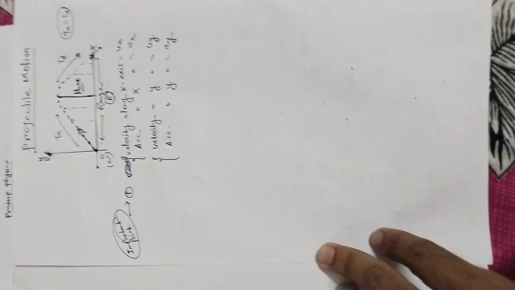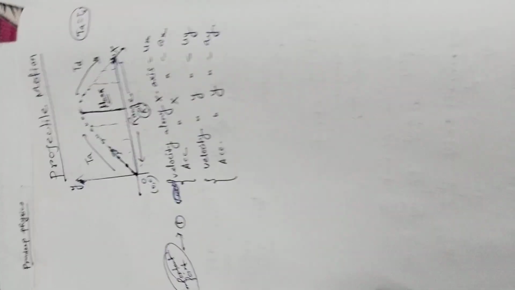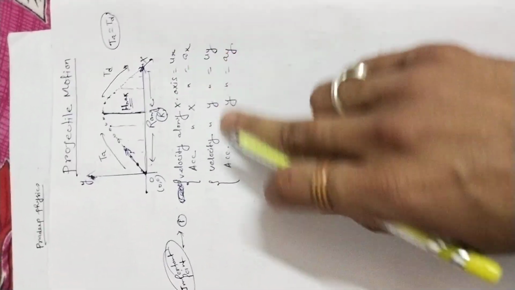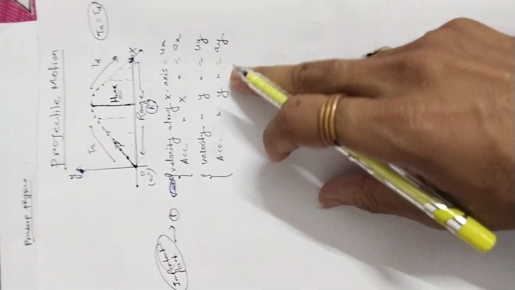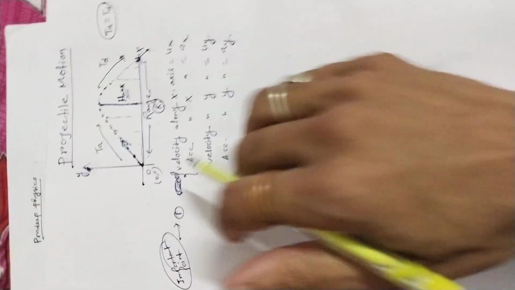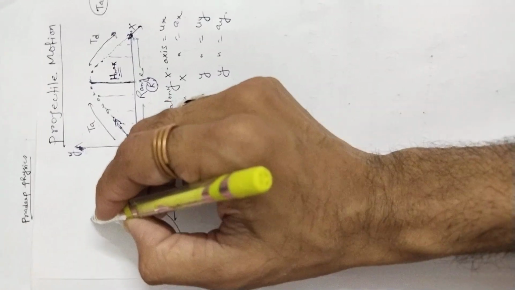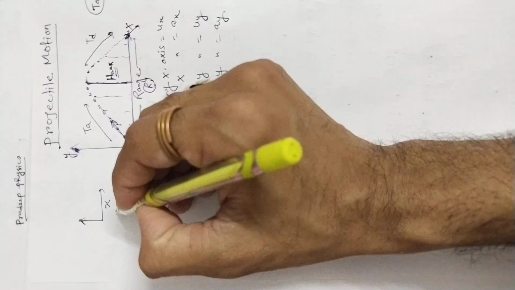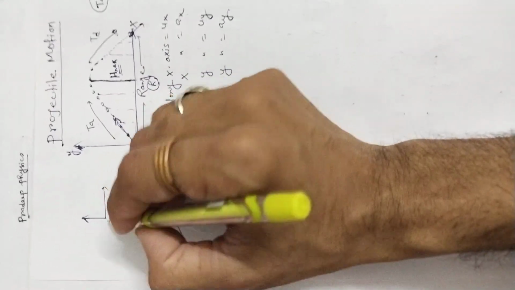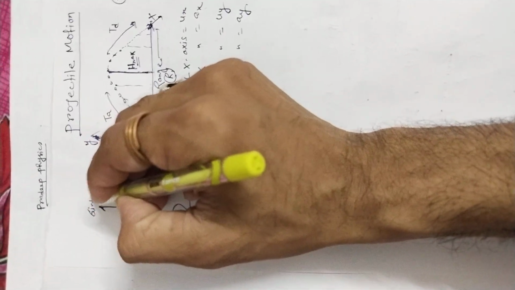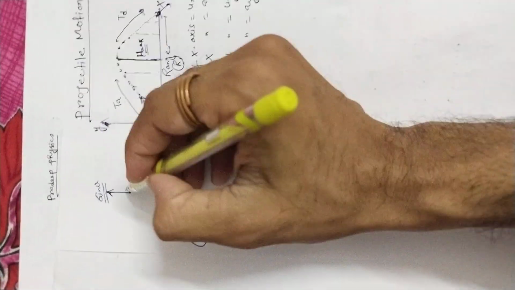Do you understand? The velocity along the x-axis is ux and acceleration is ax, and along the y-axis it is uy and the acceleration is ay. As in the vector form we learned, there are two components: along the x-axis is cos theta and along the y-axis is sin theta, where theta is the angle.